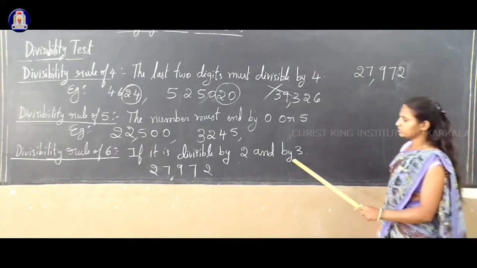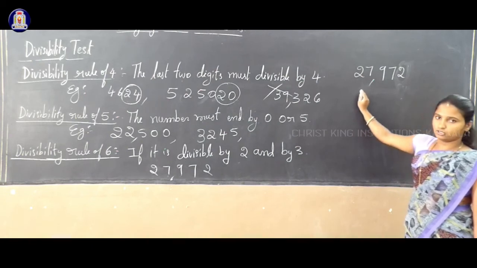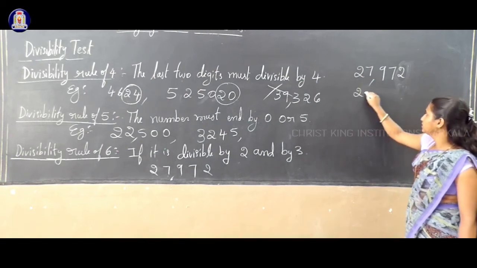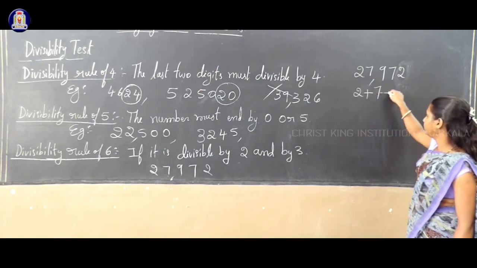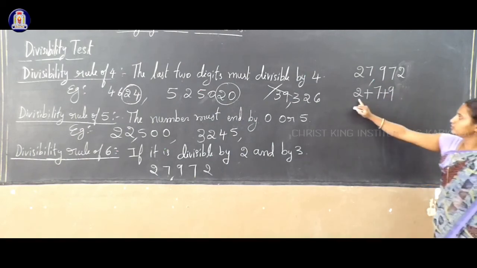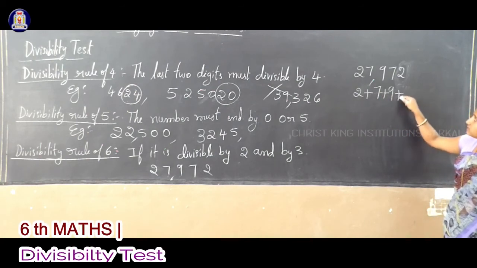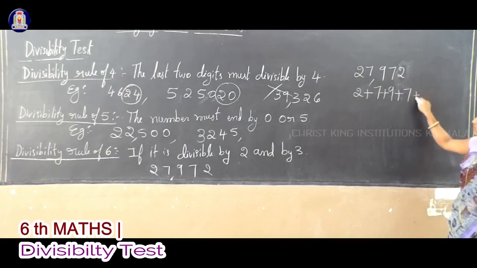Next you have to check whether the same number is divisible by 3 or not. By the divisibility rule of 3, you have to add all the digits. 2 plus 7 plus 9 plus 7 plus 2.